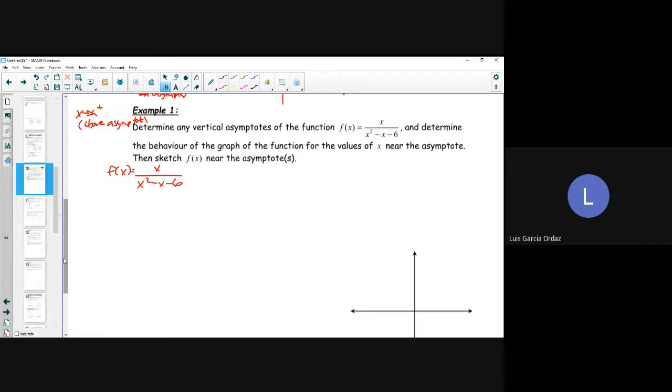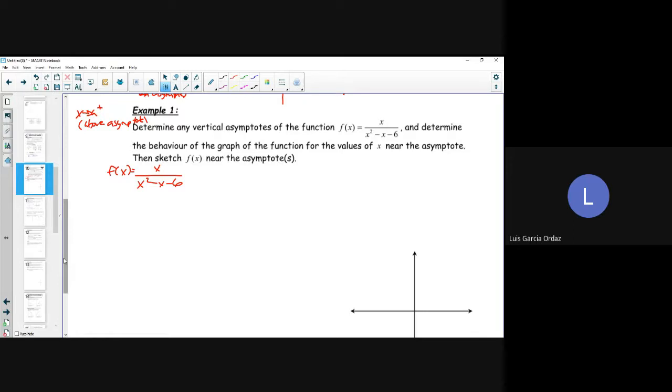Can I factor my simple trinomial in my denominator? How can I factor that? Okay.